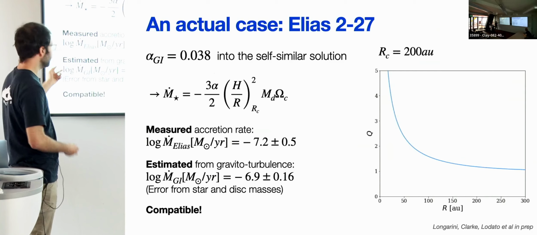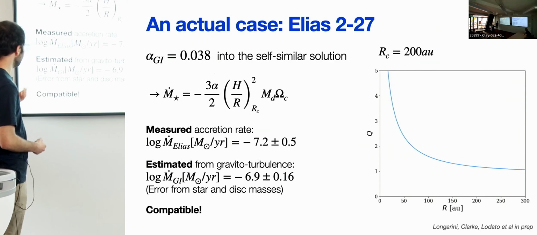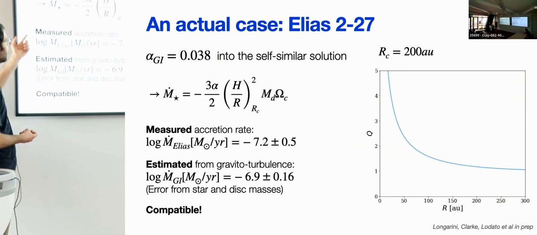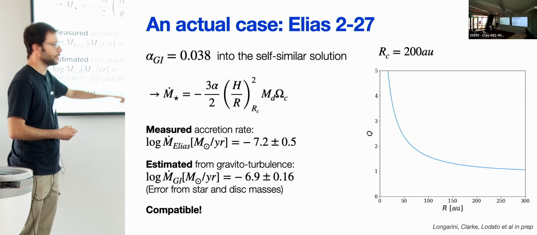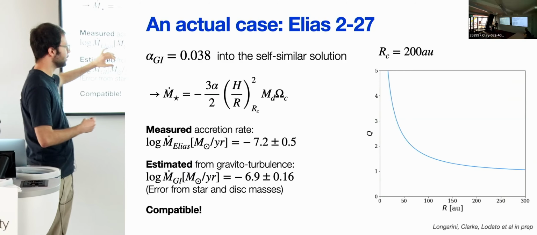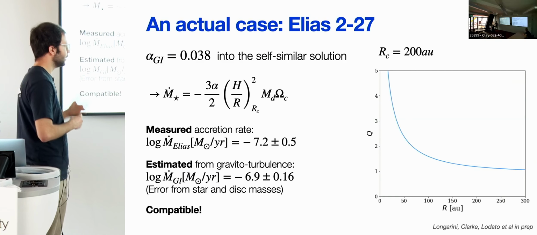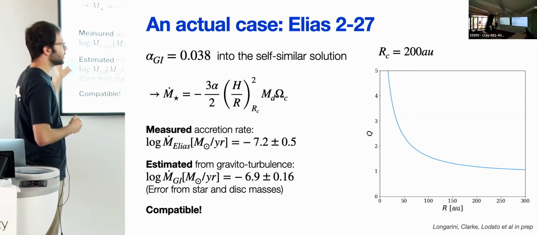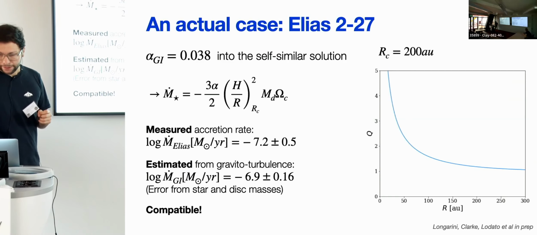The measured accretion rate is 10 to the minus 7.2. And the one we are predicting with gravitoturbulence is 10 to the minus 6.9. So it's quite close, and it is within the error bar. So this can be another signature that this system is gravitationally unstable.